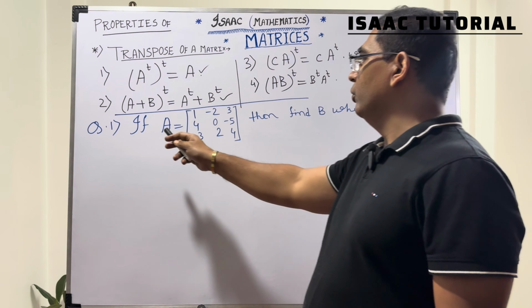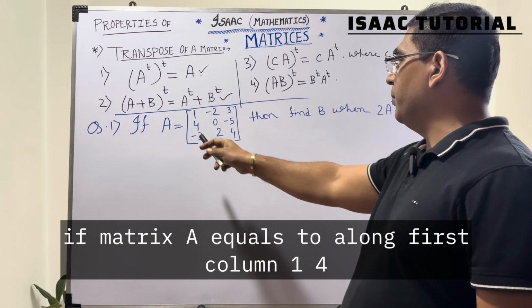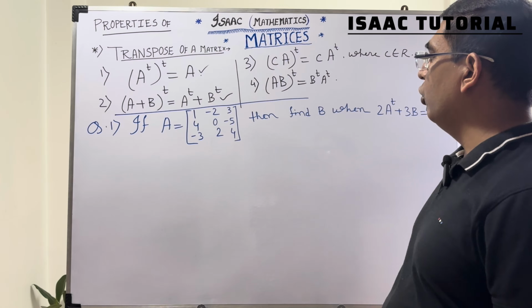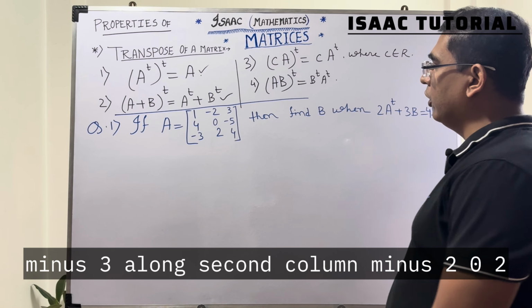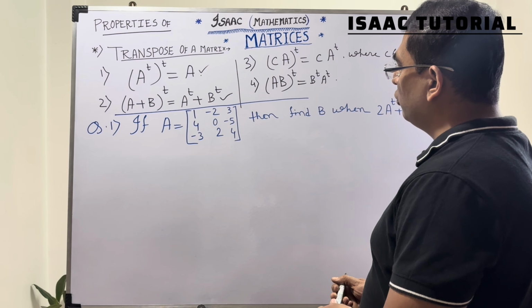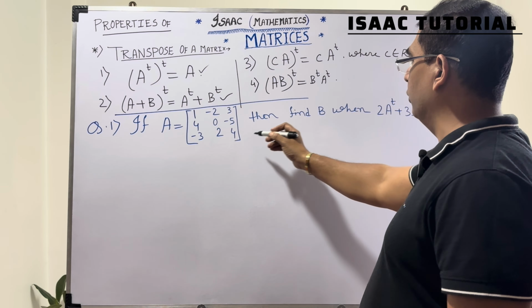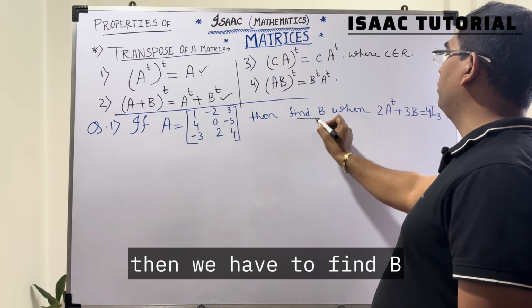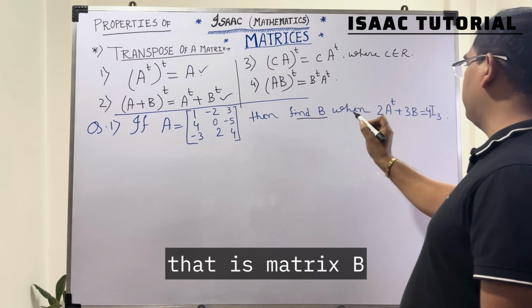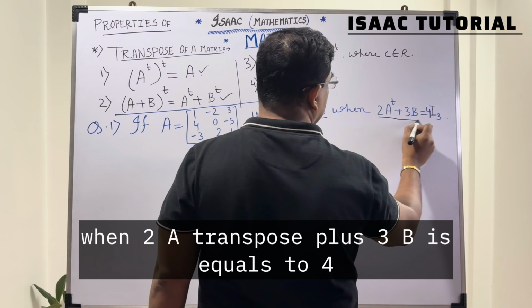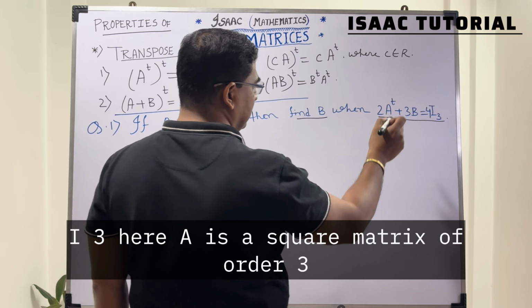Here we choose a problem. If matrix A equals, along first column 1 4 minus 3, along second column minus 2 0 2, along third column 3 minus 5 4, then we have to find matrix B, when 2A transpose plus 3B is equal to 4I3.